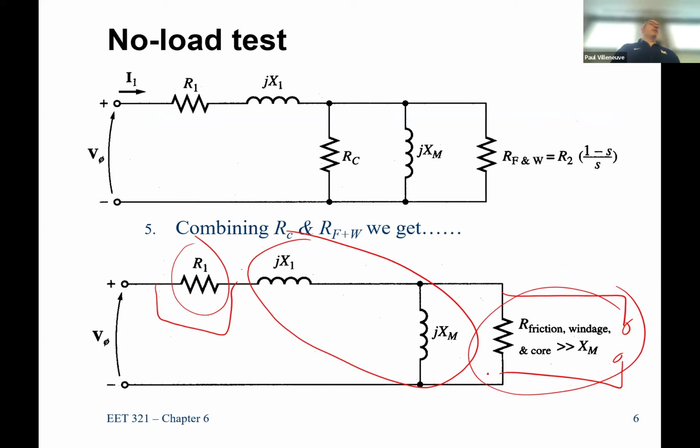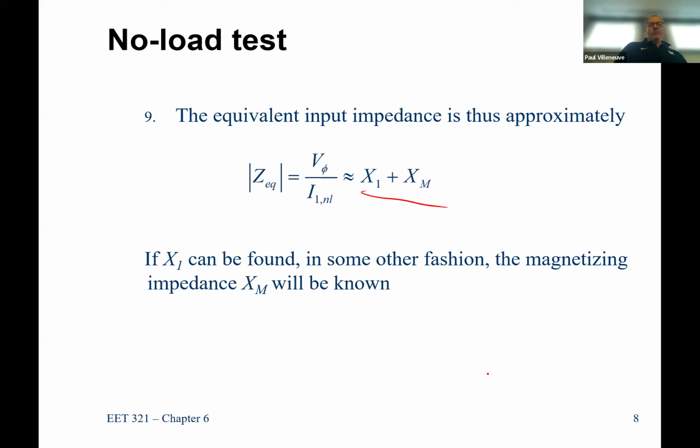So all we have now is X1 and XM in series with each other. So when you do the no load test, all you can get is X1 plus XM. Can't get anything else. You can only get X1 plus XM.